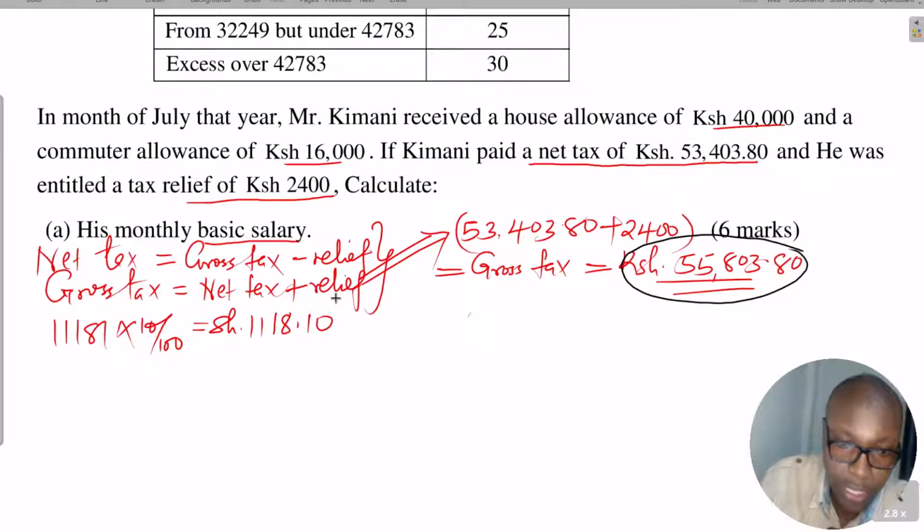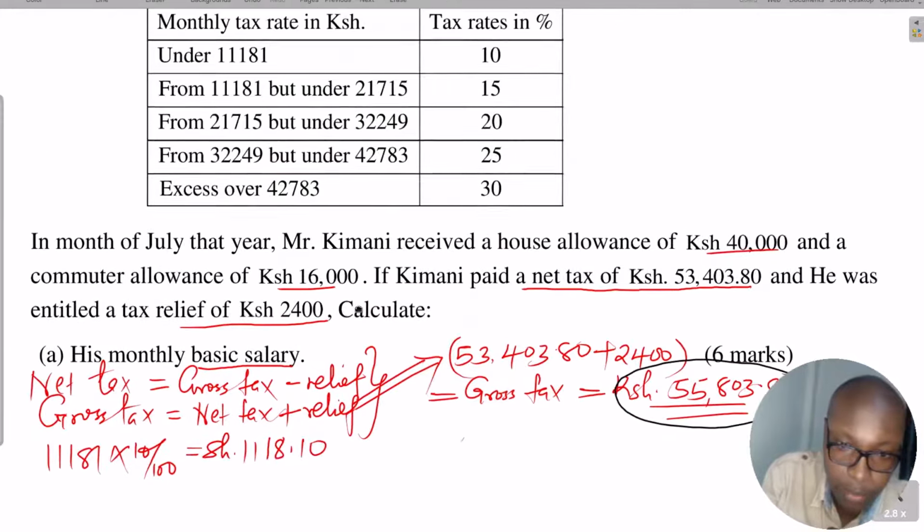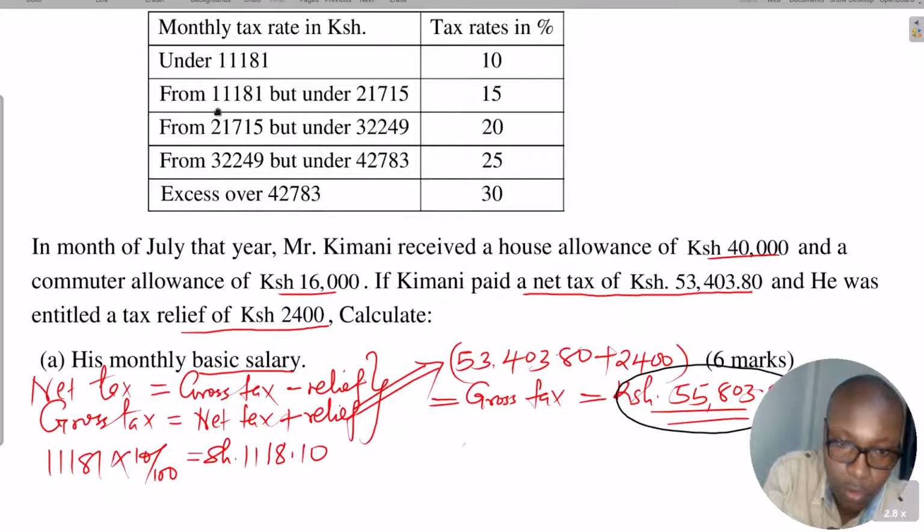Then we go to the second band. The second band begins from 11,181, but under 21,715. So to get the taxable income in this band, we simply take 21,715 less 11,181.